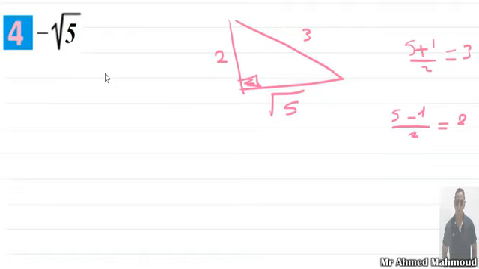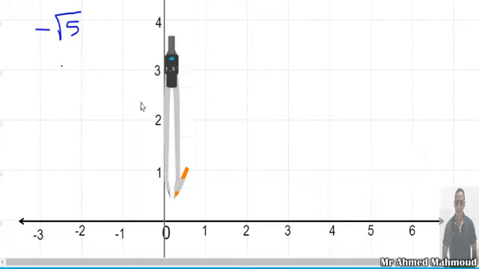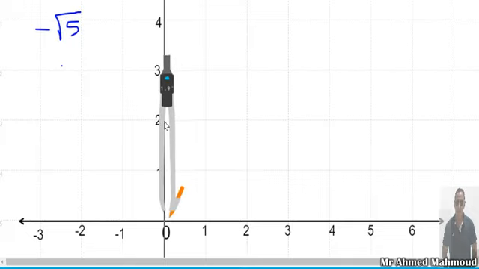Okay, let's see the representation on the number line. Now I need to represent root 5. As I said before, I will draw a right angled triangle, its height equals 2 and its hypotenuse equals 3. But now I need to represent negative root 5. It will be on the left side in the negative direction. Now I will stand at 0 to draw the height, which is 2. And then I will open the compass 3 units like this.